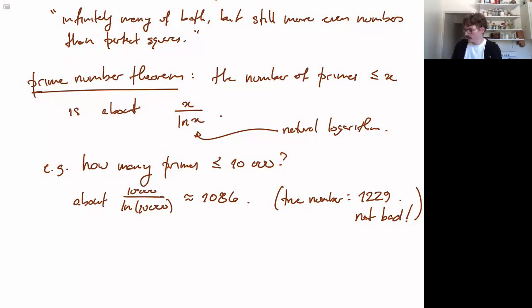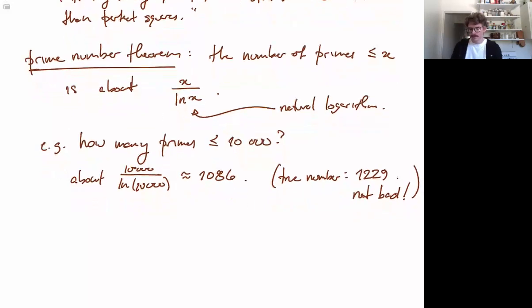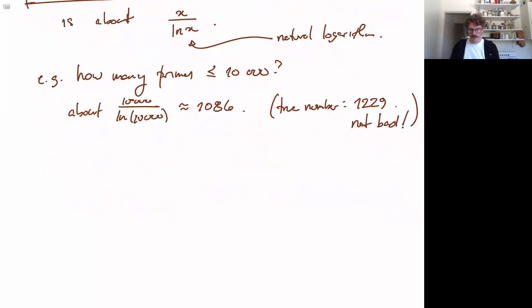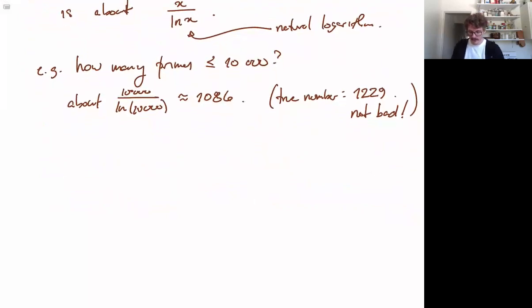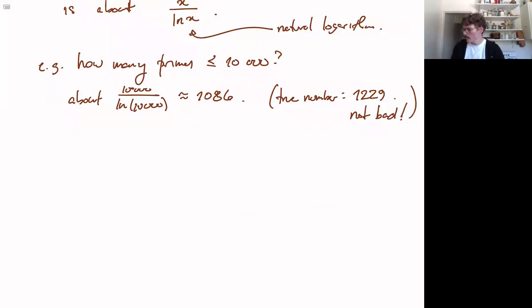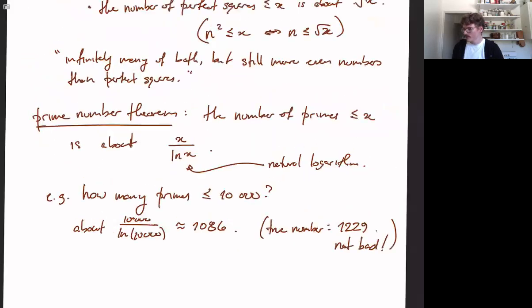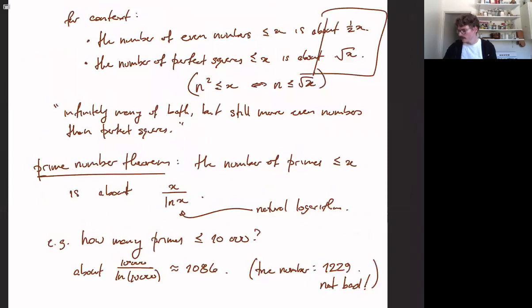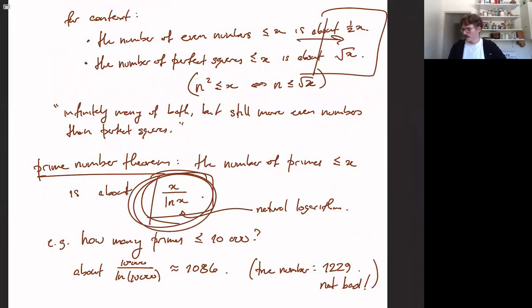So let's finish this part with one more refinement. Let me make one more comment real quick, just to relate this back to the context. I don't know how obvious this is to any of you, but what's true is that the number of primes is in between these two numbers.